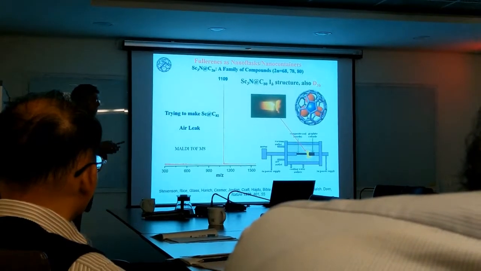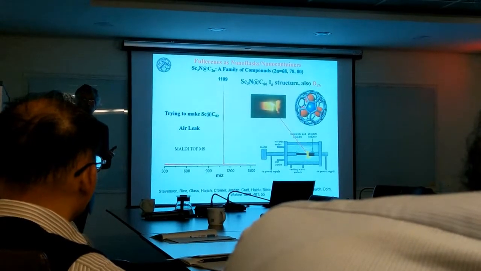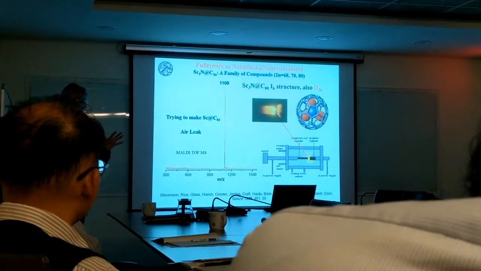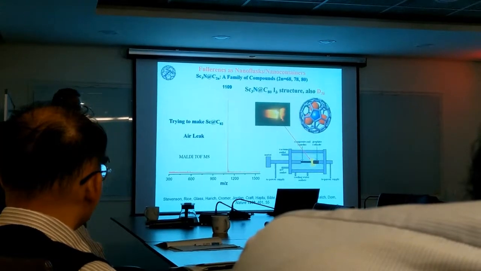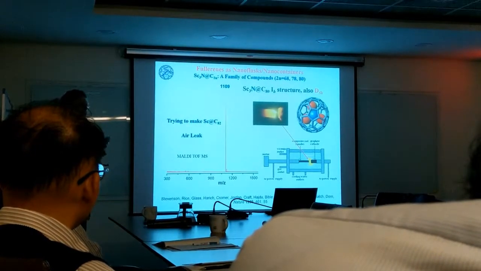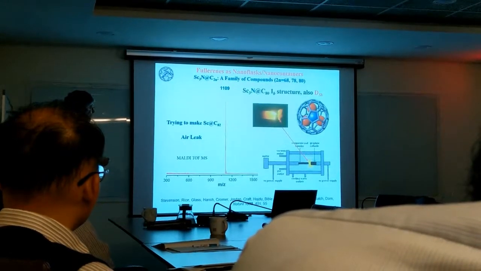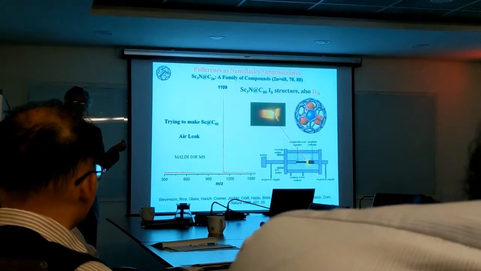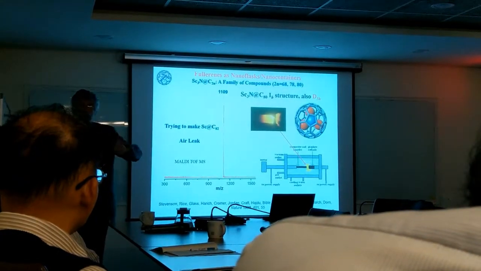What they found primarily was this peak at 1,109 mass units. That for a long time, for 5 years, they had no idea what it was. Okay? And they just reported it. They saw it in the mass spectrum, and they were getting a little bit of this, a lot of this, and a little bit of this always. And finally, what they found was that there was an air leak in the system. This is supposed to be under 200 millimeters of helium, but there was a leak, so air was getting inside.